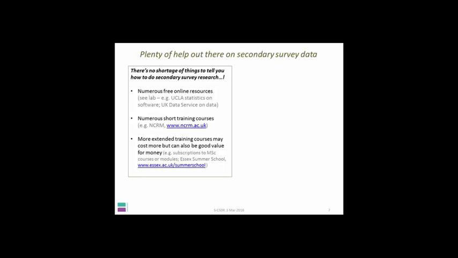There's all sorts of online resources such as statistics training resources, other courses and training materials that can be very helpful to you to find out about the process of downloading, analysing, getting high quality research results out of secondary survey data.